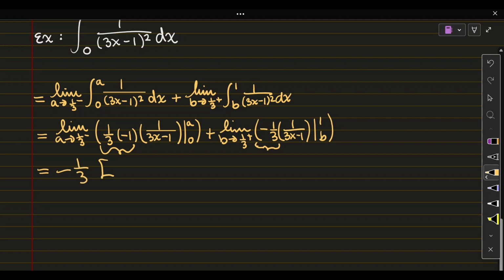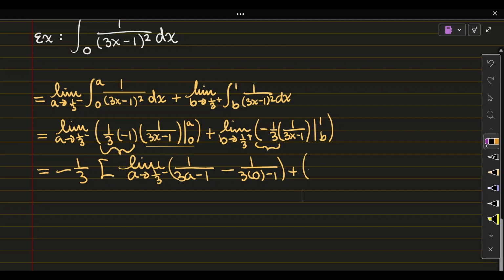And so I have negative 1/3 times the limit as a goes to 1/3 from the left of, evaluating this here, 1 over 3a minus 1 minus 1 over 3 times 0 minus 1, plus, evaluating this here, 1 over 3 times 1 minus 1 minus the limit as b goes to 1/3 from the right of 1 over 3b minus 1.